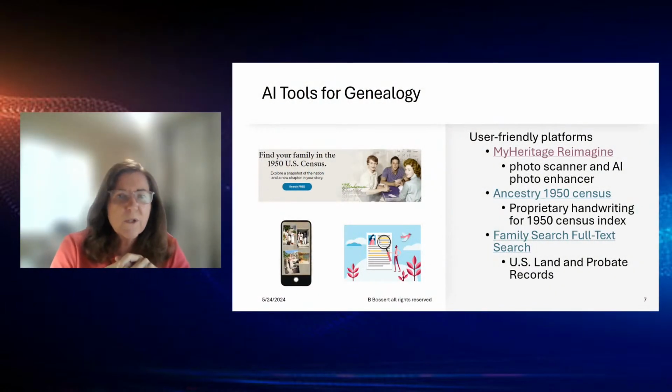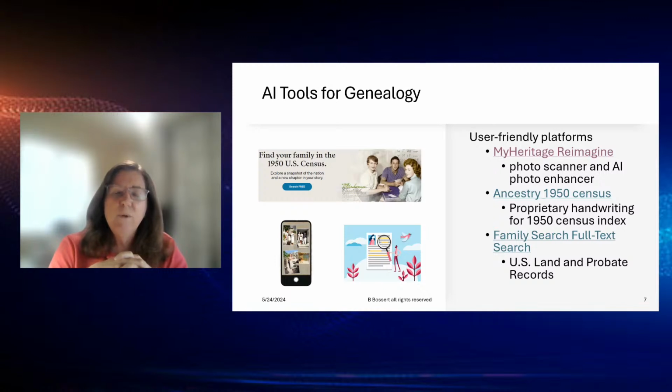So while we're getting that back up again, another thing that's available, I mentioned Ancestry.com. They took the 1950 census, which comes out every 10 years. It's released, well, every 72 years. So the 1950 census was released a couple years ago. And they used some proprietary AI handwriting capabilities to create an index of that census, which was millions of people.